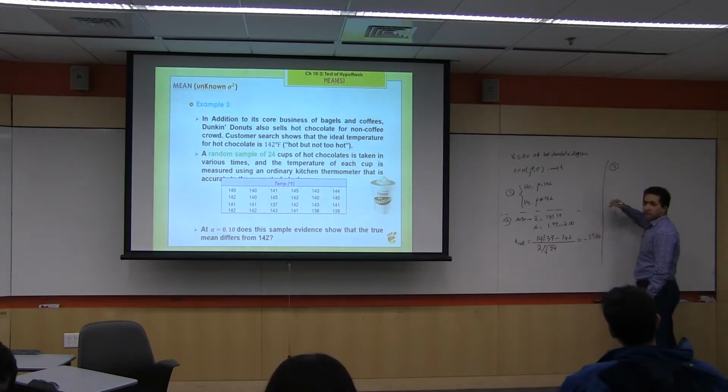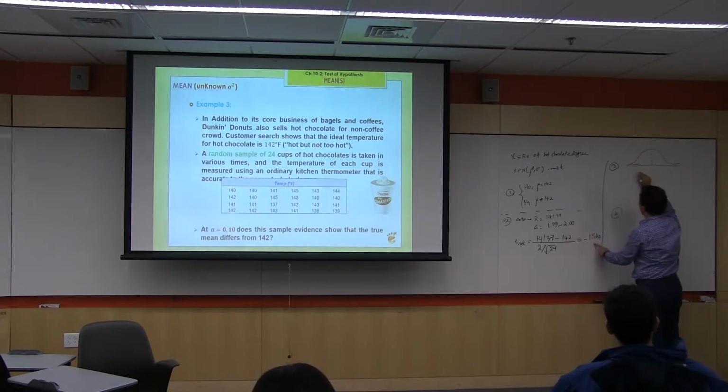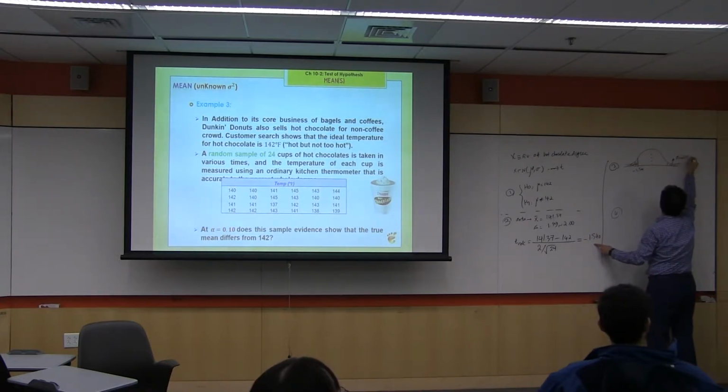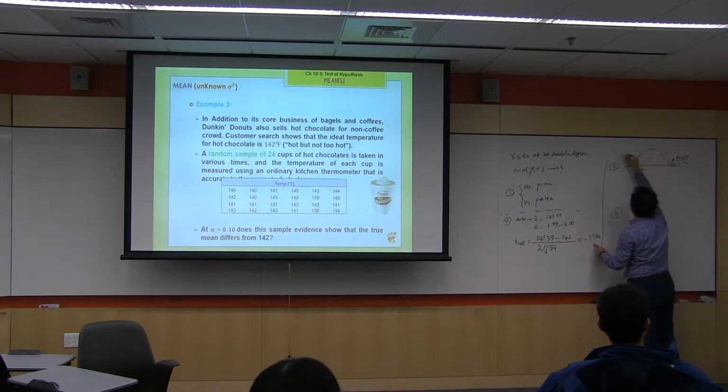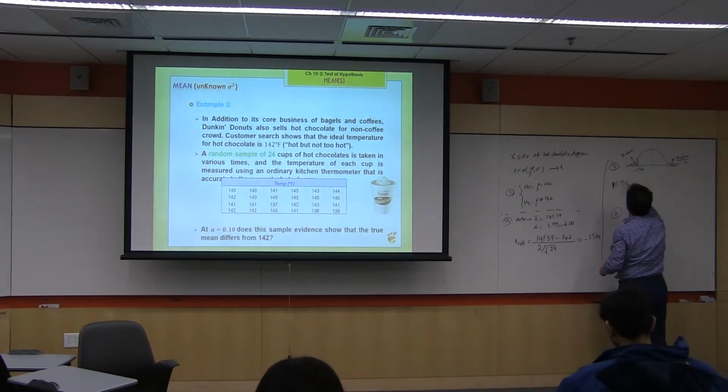So here, based on the p-value method, I'm getting the probability to the left of negative 1.54 and multiplying by 2 because it's a two-tailed test. This is half of the p-value. So I'm looking for the probability of t being less than negative 1.54.